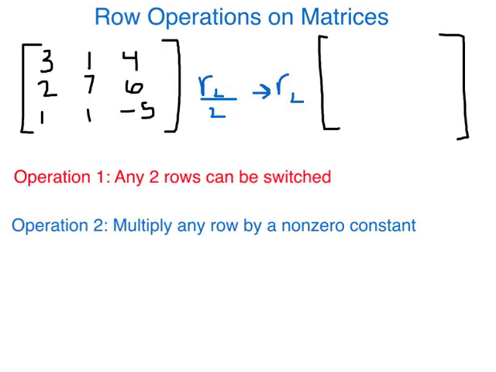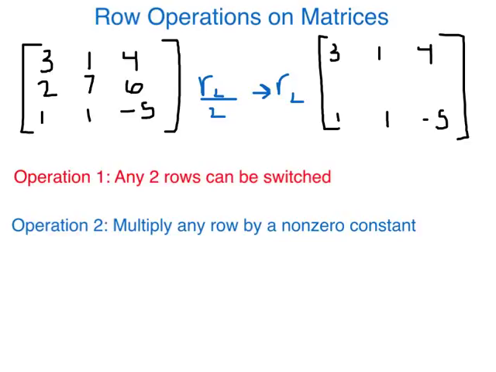Because I'm only dividing row 2, or really I'm multiplying it by 1/2, but you can just write that it's dividing, it's not going to change anything. So I'm not changing row 1 or row 3.